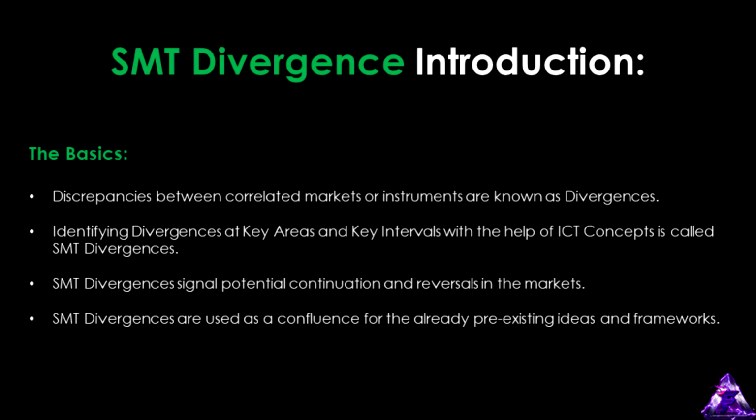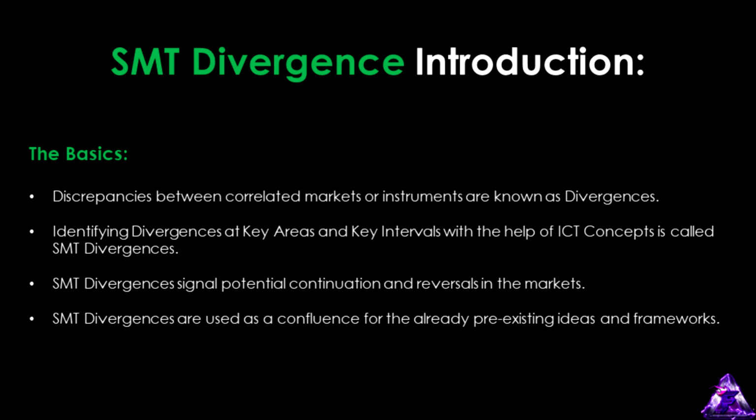So let's start. First of all, we need to be familiar with what a divergence actually is. Discrepancies or changes in structure between correlated markets and instruments are called divergences. A divergence is essentially when there is a difference or discrepancy in market structure and order flow between two closely correlated assets.